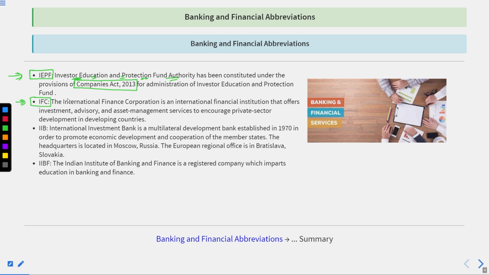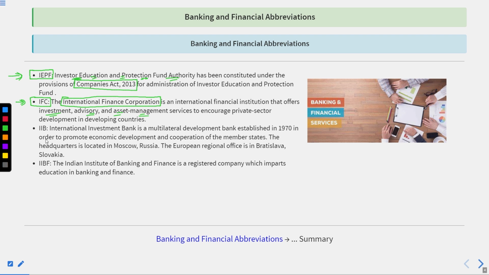It stands for International Finance Corporation, which is an international financial institution that offers investment, advisory, and asset management services to encourage private sector development in developing countries.